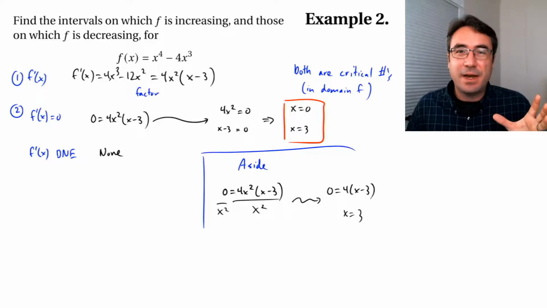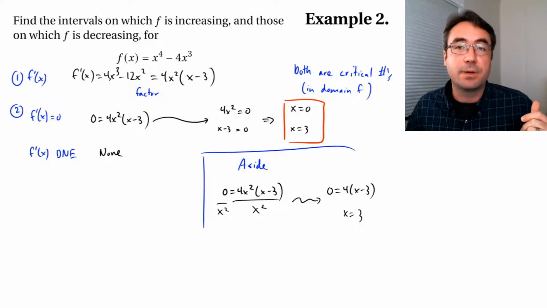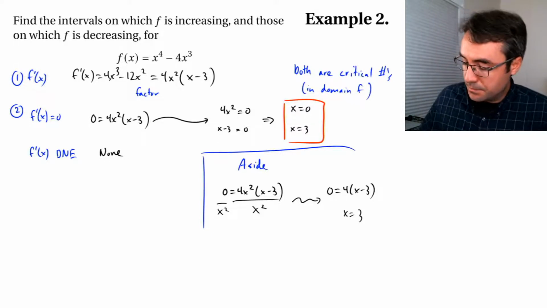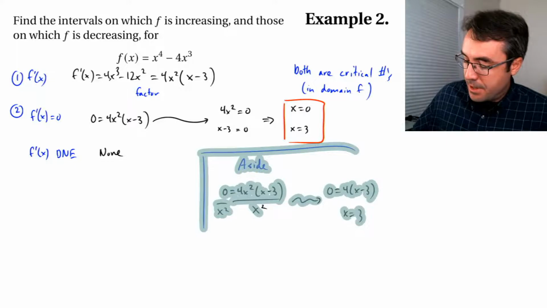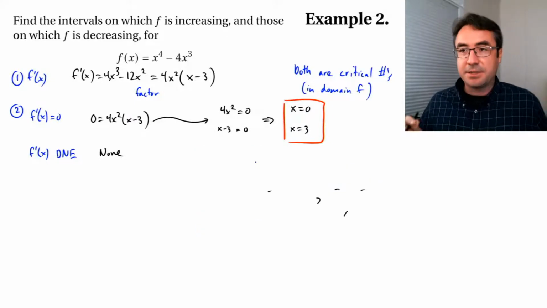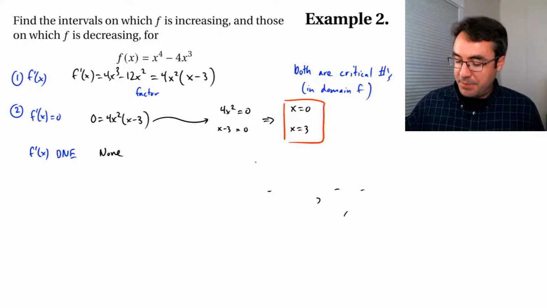As soon as you start dividing by x or x minus 3, you risk throwing out potential critical numbers. So that's a good question. That's a very common thing that I see. So as soon as you start dividing by x, you have to worry because you might be getting rid of a potential solution.